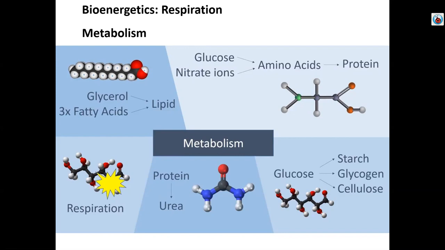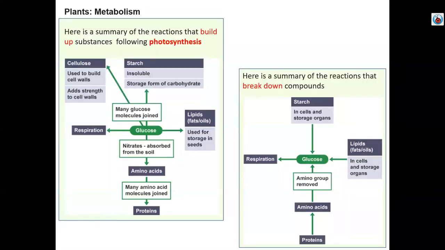Here is a diagram that illustrates the 5 examples of metabolism that you need to know about. So it's just a visual way of remembering the 5 examples that we've just been through. Okay. What I've also put here on the video are some examples of plant metabolism.